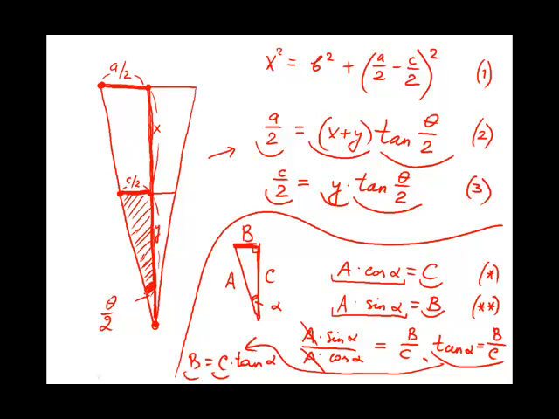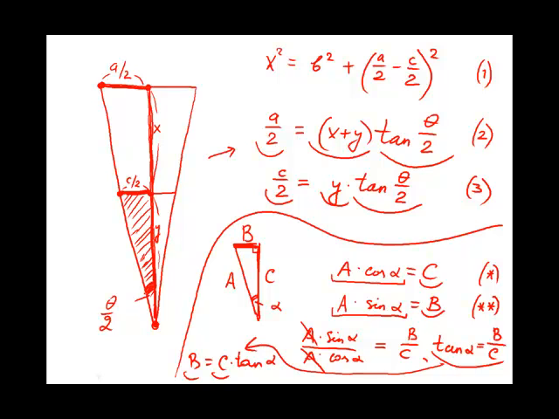Now, what we achieved here, look, we have three equations and we have three unknowns. Are you okay that I never substituted any particular numbers? Look, in this book, in the Washington book, we have specific numbers. A is 4.5 centimeters, B is 4.9 centimeters, and C is 1.86 centimeters.